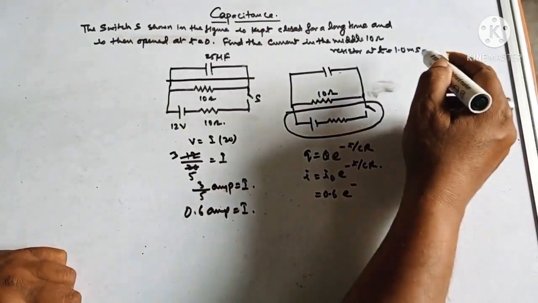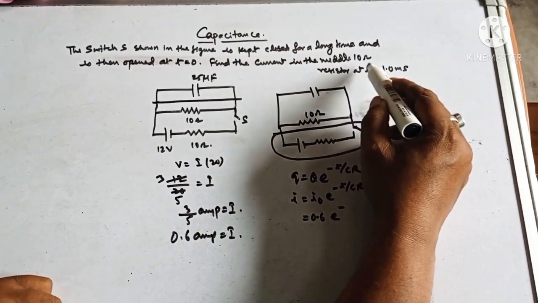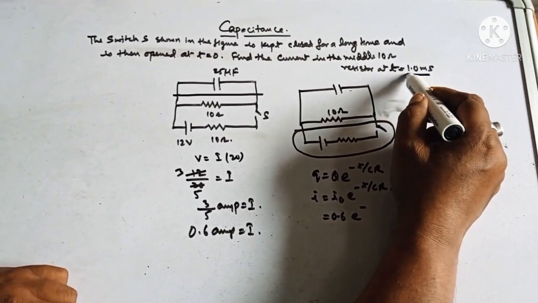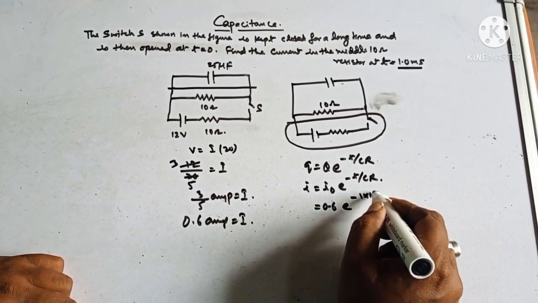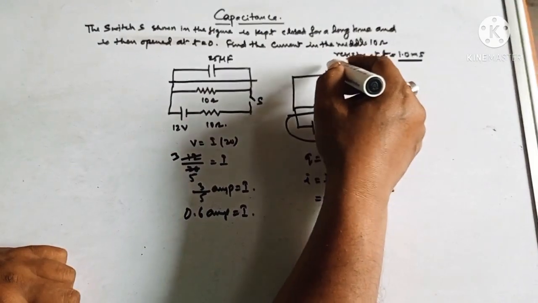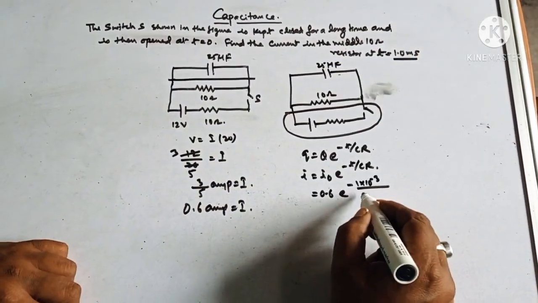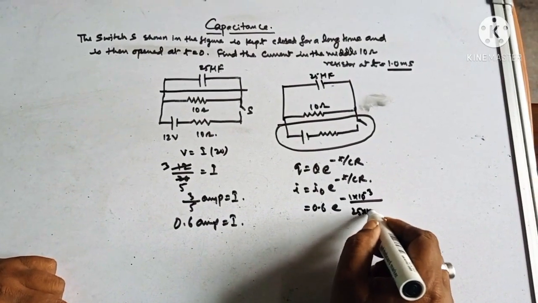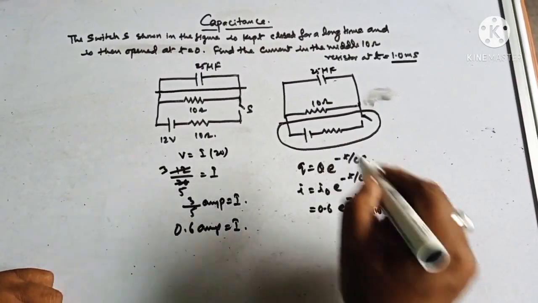We need the current in the middle resistor at t = 1 millisecond, that is 1 × 10^-3 second, and C, the capacitance, is 25 microfarad. So this will be 25 × 10^-6, and the resistance is 10 ohms.